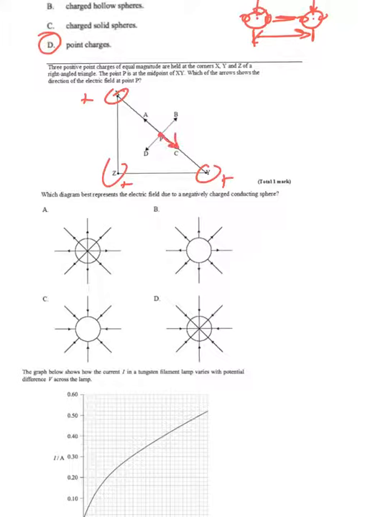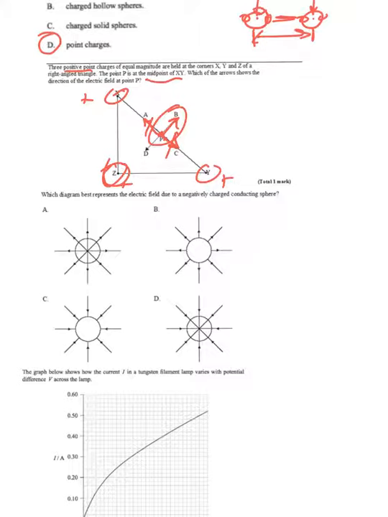It would receive an equal force because it says it's at the midpoint of XY. So an equal force from Y pushing in that way. So those two are actually going to balance. And now it's going to receive another force from Z pushing straight away, right? Because again, all of those are positive. It says they're 3 positive point charges. And so the answer after A and C cancel out is left only with B.